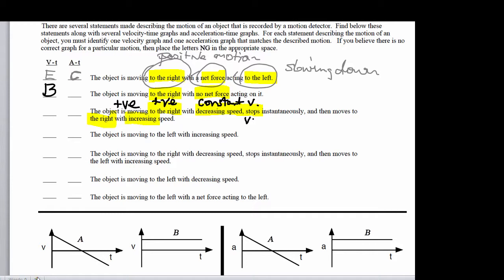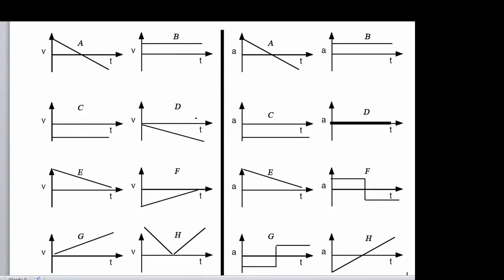Velocity equals zero. To the right, what does that mean the direction is? Positive. Now, in this case, we've got decreasing speed. So that means it's starting off high and going low. And in this case, we've got increasing speed, which means it's starting low and going high. Right. So which one of these graphs best represents that motion?